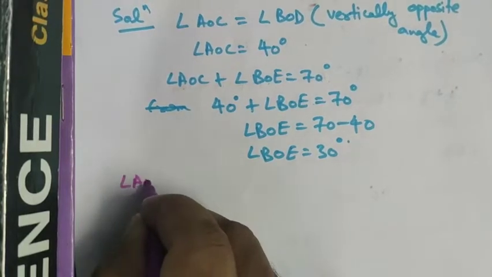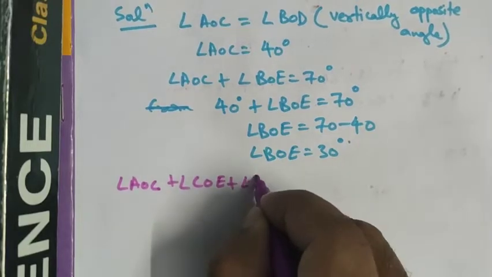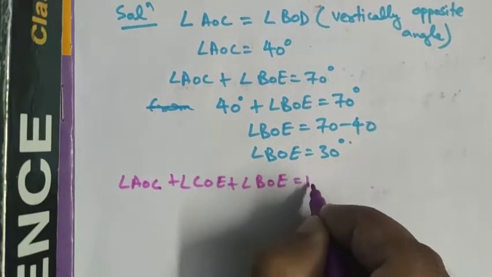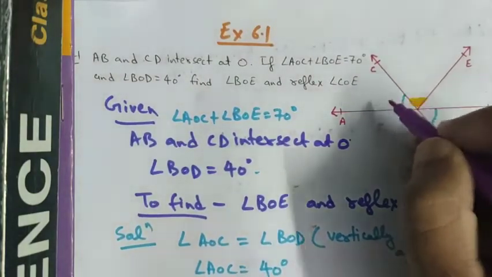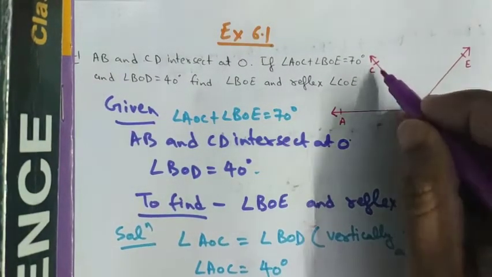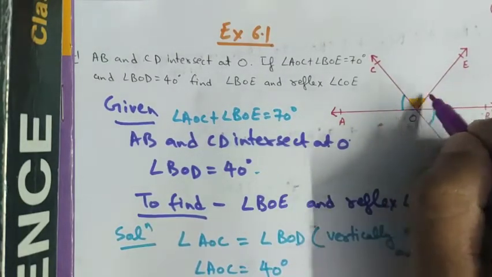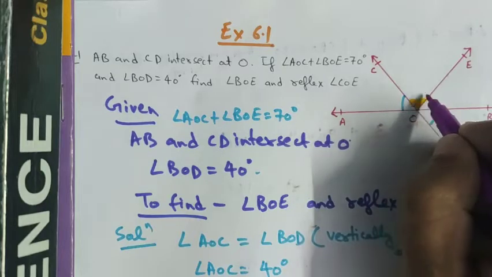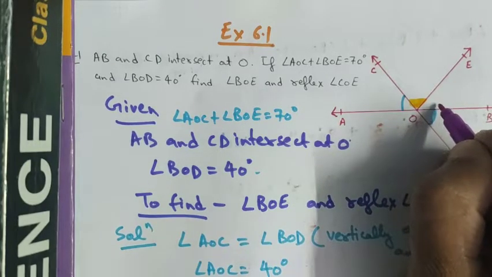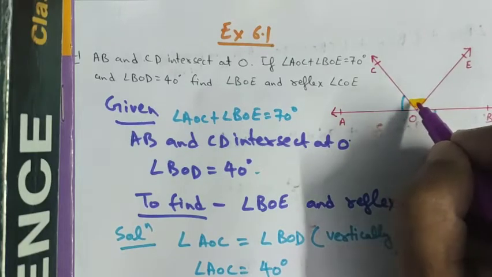Angle AOC plus angle COE plus angle BOE equals 180 degrees. These three angles all will be equal to 180 degrees because AOB is a straight line, or we can say that the sum of the angles on a straight line is equal to 180 degrees.